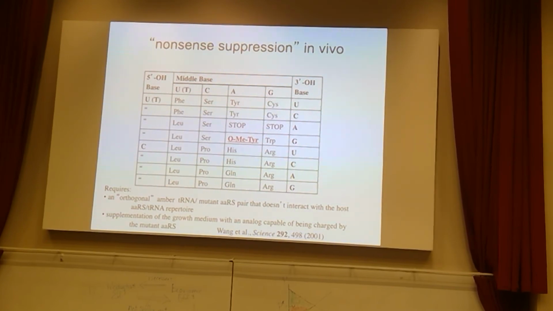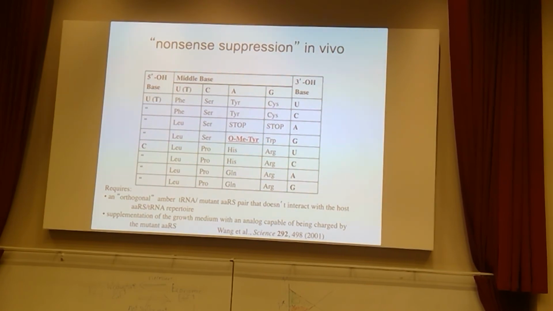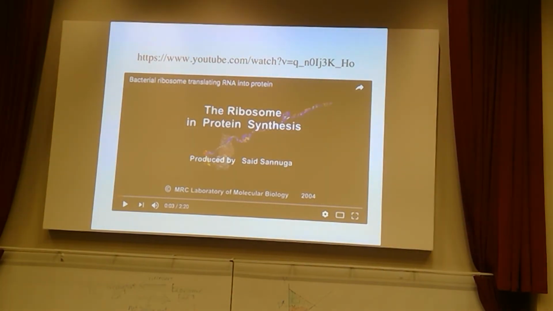We've rewritten the genetic code. But this just proves the point that there are no tRNAs that are responsible for recognizing those stop codons. Release factors do that, but we can provide an exogenous one.